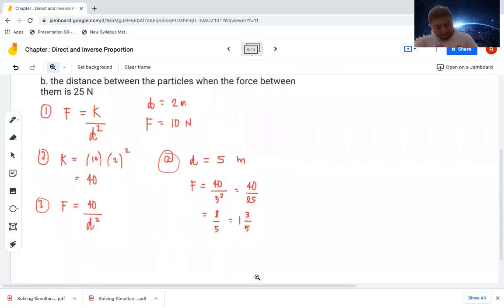Letter B says that the distance between the particles when the force between them is 25 Newton. So in here, the F now was replaced by 25, which means that the calculation will be different this time: 25 over d squared.